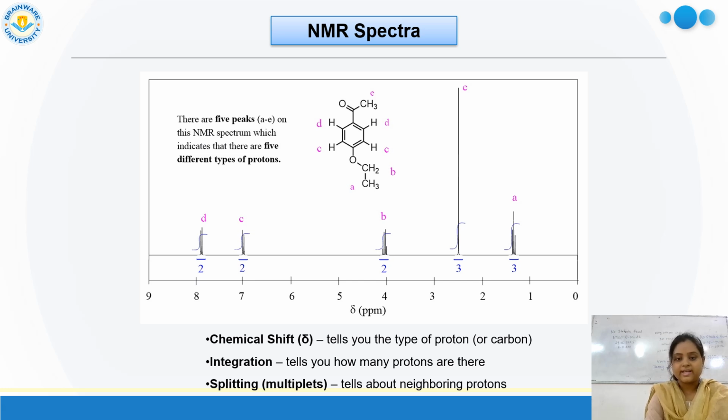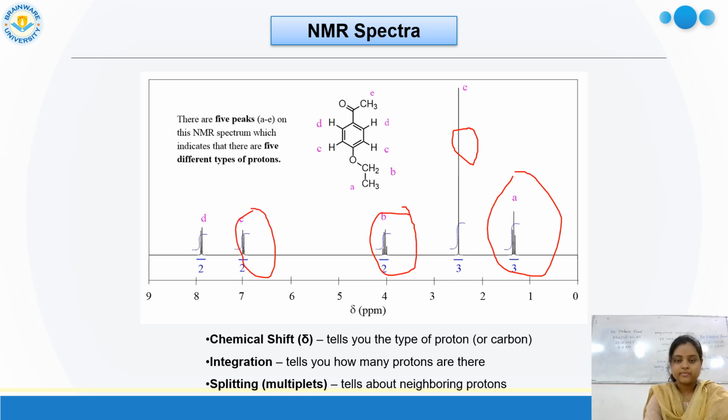Okay, and the splitting. If you see the 5 lines, they are not single lines. Only this one is a single line, but these are not. They look like one single peak, but each is also split into several other lines.